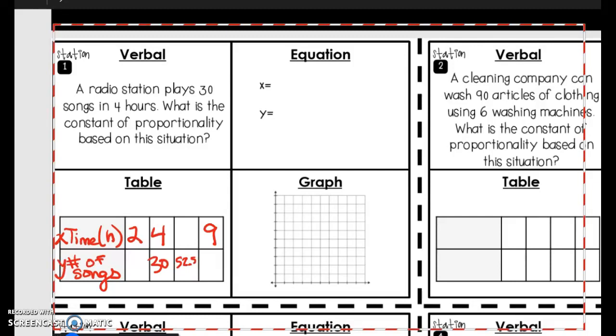So given that information, we can go to my equation box and say that x is representing time in hours and y is representing number of songs.